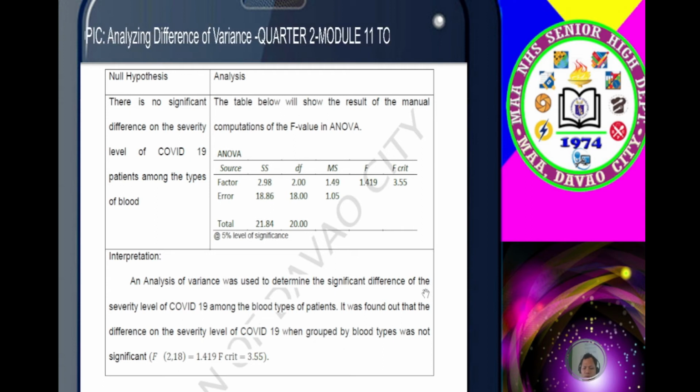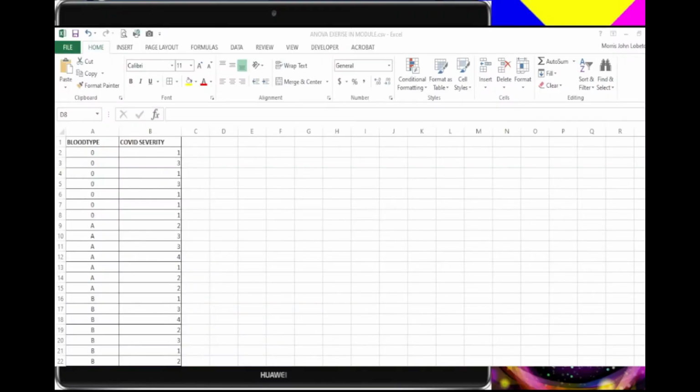You can also solve this using the JASP software. Make sure you tally the data. In the module, it's like this one. So this is our data, and you set up the data in this form.